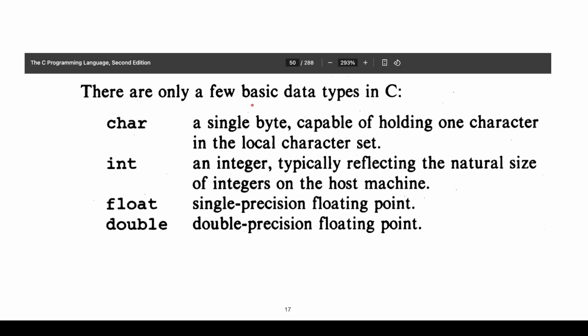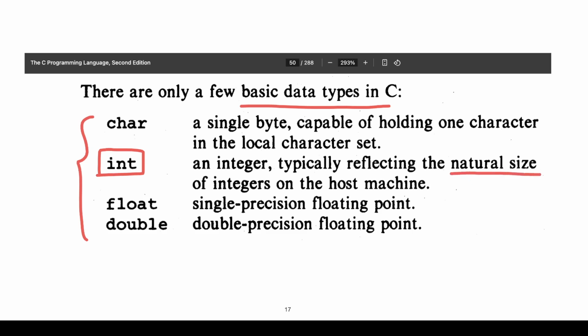Now these are the few basic data types we have in C: char, int, float, double. These are the basic data types in the C programming language. For integer, we can have various sizes based on the specifiers: short integer, normal integer, int as it is, and then the long integer. Integer reflects the natural size of integers.